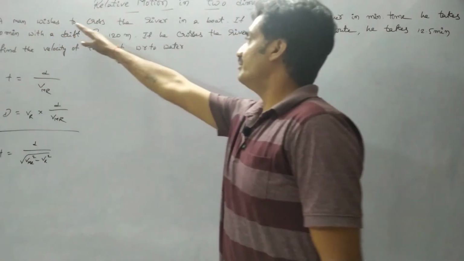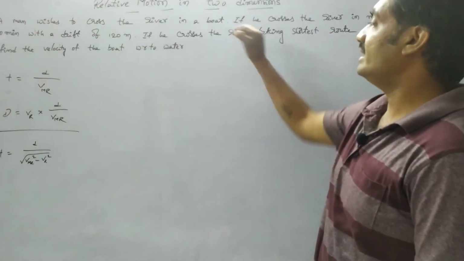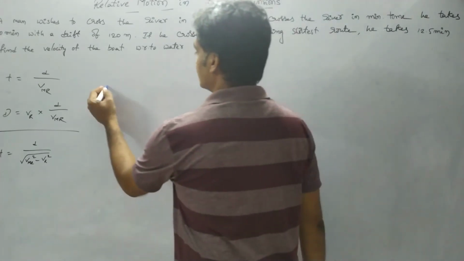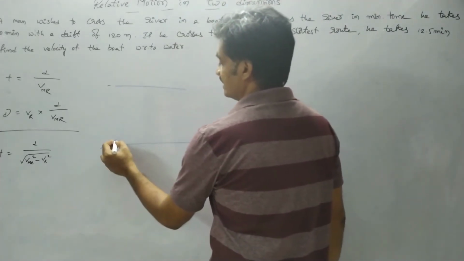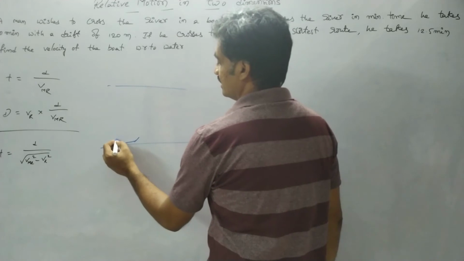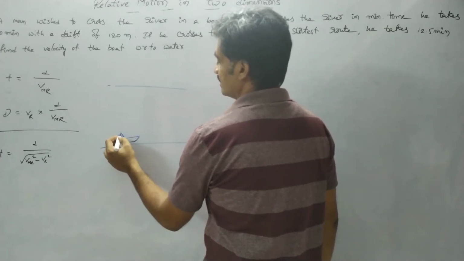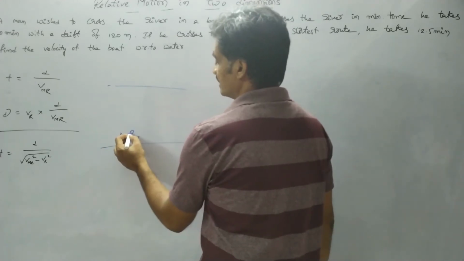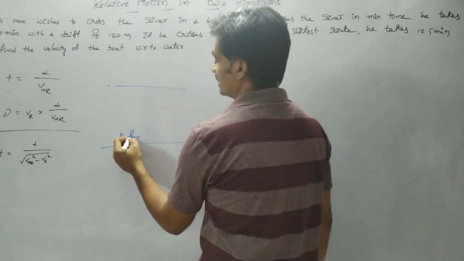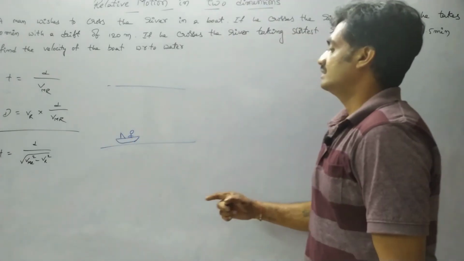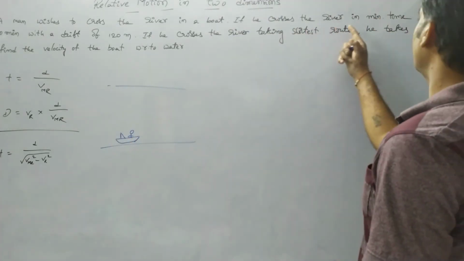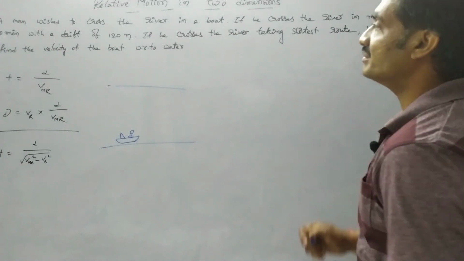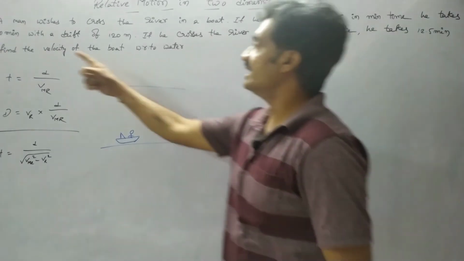The next question is, a man wishes to cross the river in a boat. So we consider the river, and the man is crossing the river in the boat. If he crosses the river in minimum time, he takes 10 minutes.